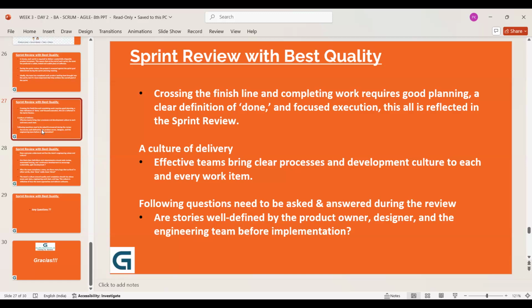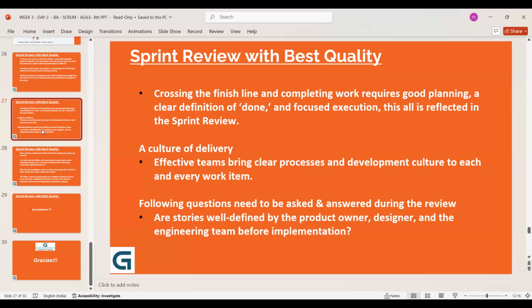Fully means there should not be anything pending, any ifs and buts, and it should be a total final delivery. When I say total, that comprises everything that was supposed to be delivered.